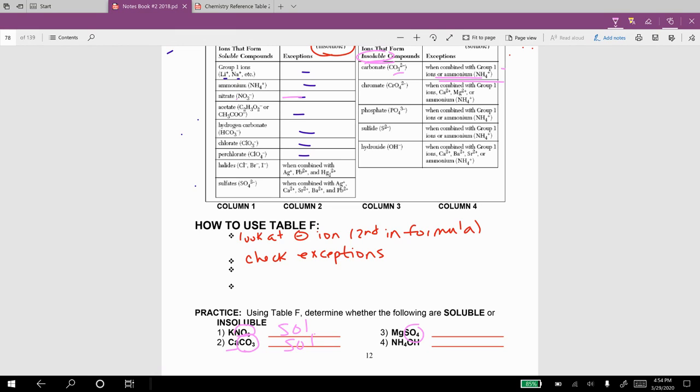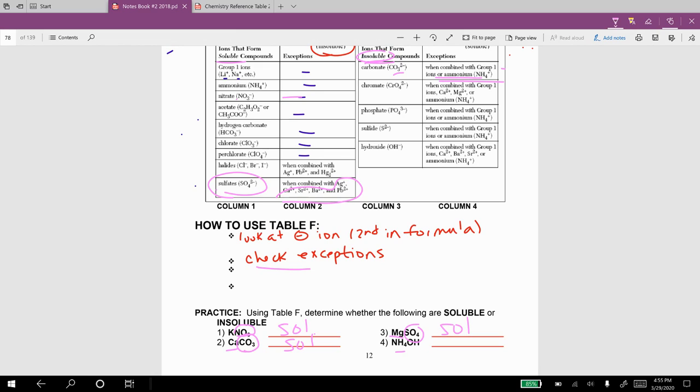There it is. Sulfates are soluble. Now check my exception. Is Mg one of those? Mg is not one of those, so it is soluble.